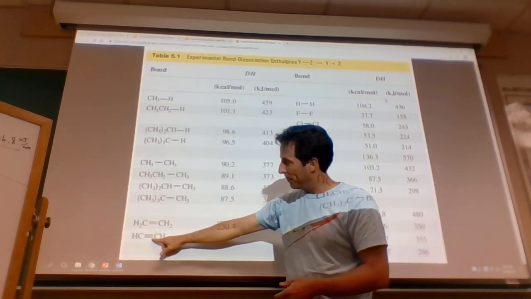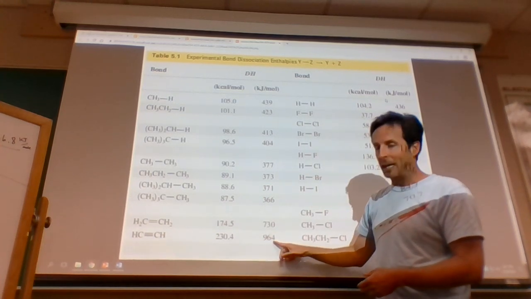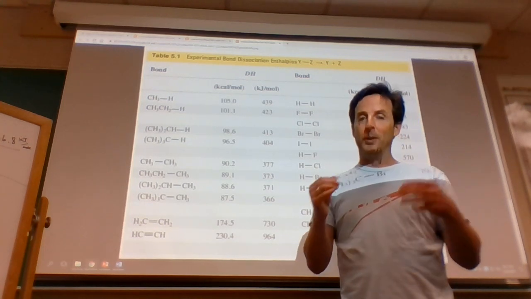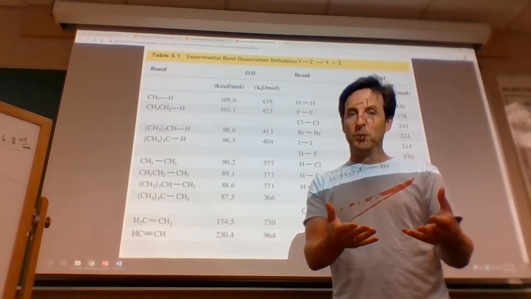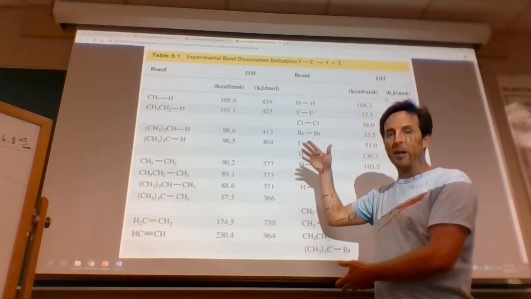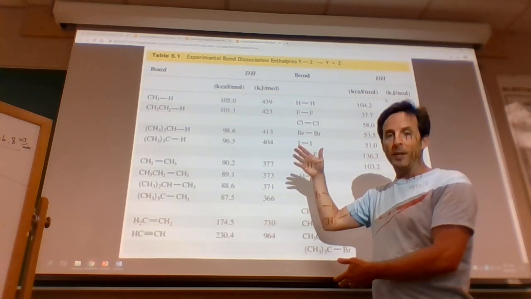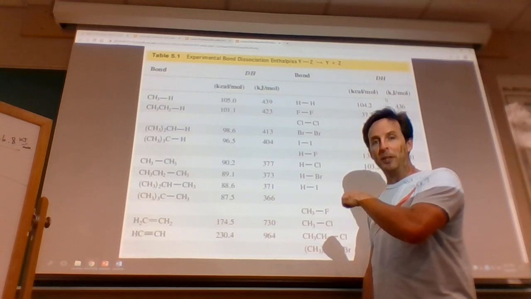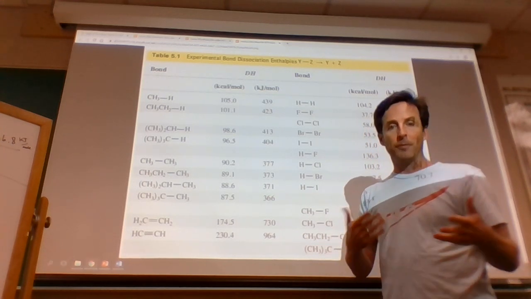If it's a triple bond between two carbons, it's going to be like 964 kilojoules. So if you see the structure in front of you, and again, I'm going to provide the structure to you, you just have to decide which bonds are present in the molecule, and then based on that, you look up the energies from the table that you need, and then we do the math.